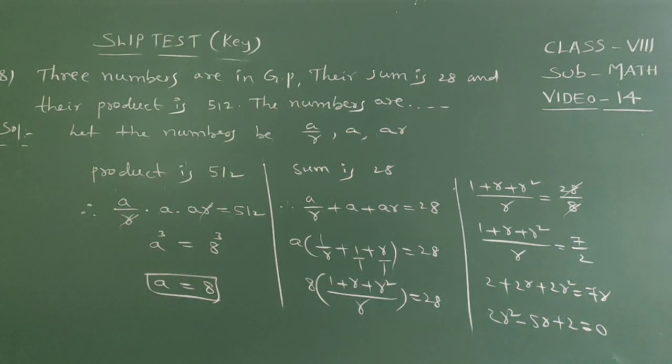If you take a common, 1 by r plus 1 plus r equal 28. After LCM, 8 into 1 plus r square by r equal 28. Transfer 8. 1 plus r square by r equal to 28 by 8. Then you will get 2r square minus 5r plus 2 equal to 0.